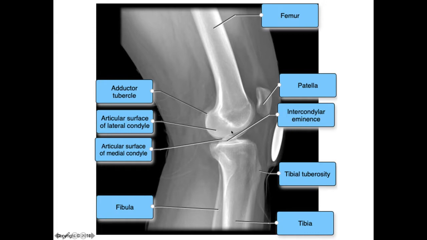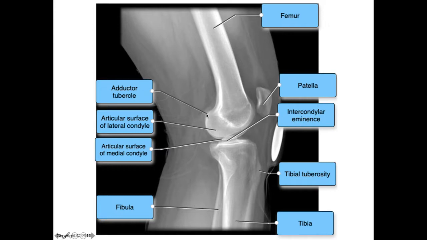This is the articular surface of the lateral condyle, and this is the articular surface of the medial condyle. Okay, so these are both the femur. It's just because of the angle we could see the outer part and the medial part. This little bump is called the adductor tubercle.